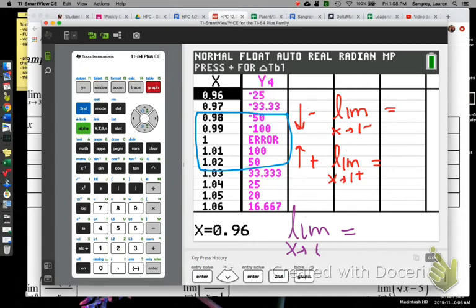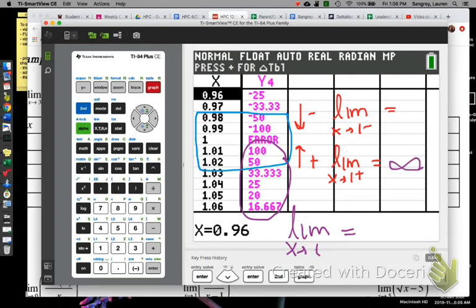As you're approaching from the right, what you want to be aware of is how quickly these numbers are growing. This is an indication that we are going towards infinity, and you can always take a look at the graph to be sure. Because the numbers are jumping pretty drastically, the limit as we approach 1 from the right is infinity.